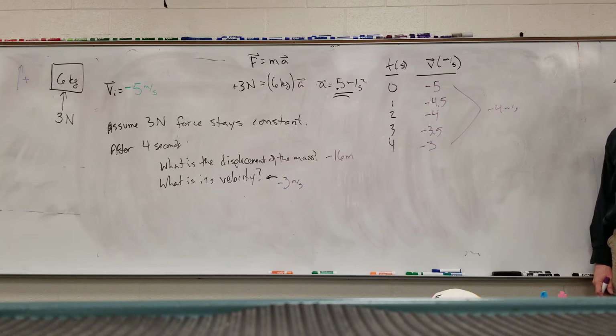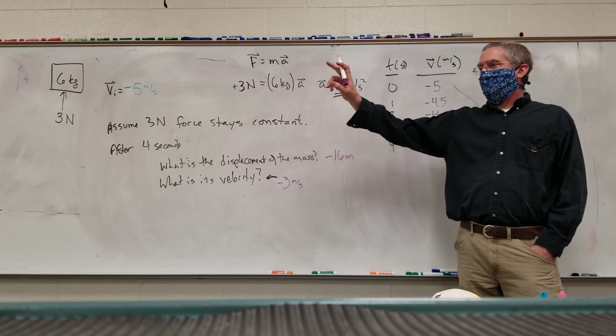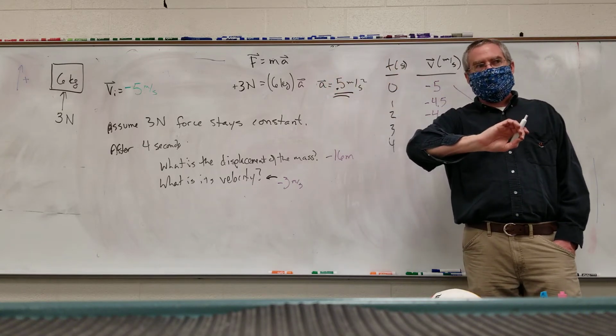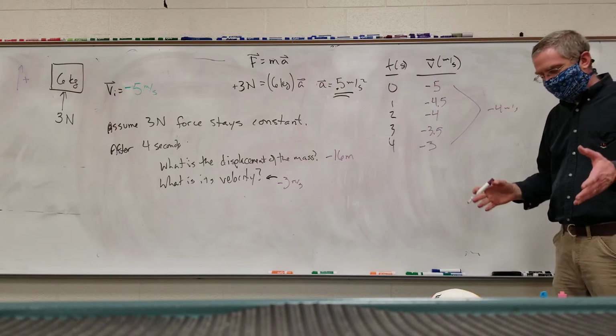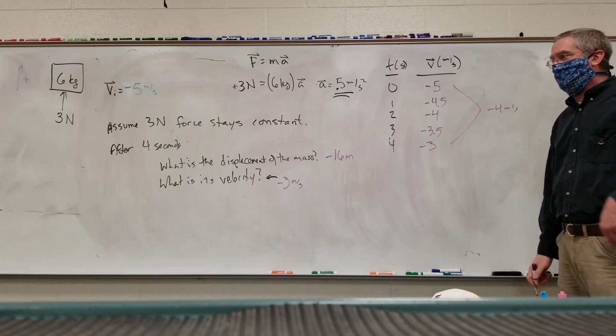Questions here, because I'm about to connect this with something else. All right. If the acceleration were 0. So picture an overhead view, this thing is sliding along this frictionless track at -5 meters per second.